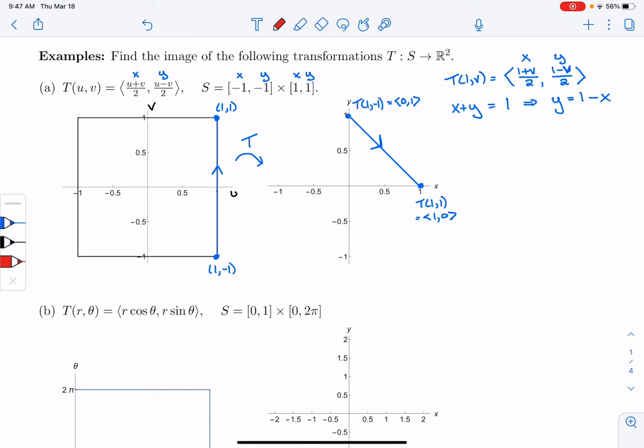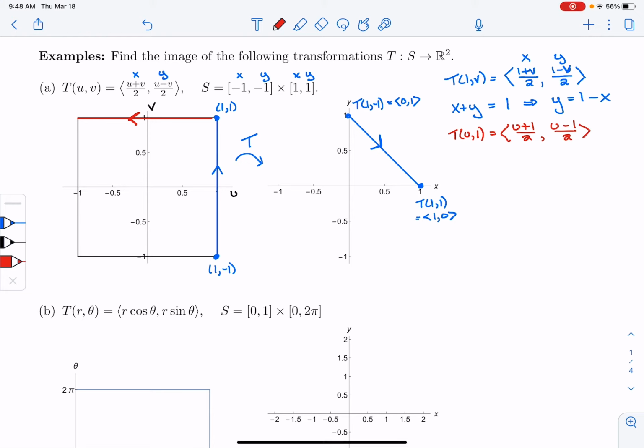The next one that I'm going to do is when v equals 1. So I'm going to move along this line segment. So there I want to look at what happens when I do T of u comma 1. Now T of u comma 1 is going to be u plus 1 over 2, and then u minus 1 over 2.